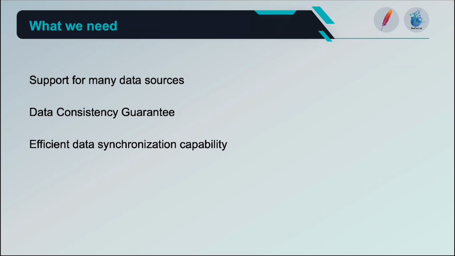Third, fast data synchronization capability. Massive data synchronization requires faster synchronization to ensure data timeliness. Listed here are the characteristics of synchronization tools, but what data integration requires, SeaTunnel has more than this.